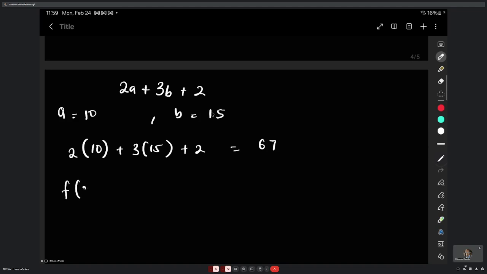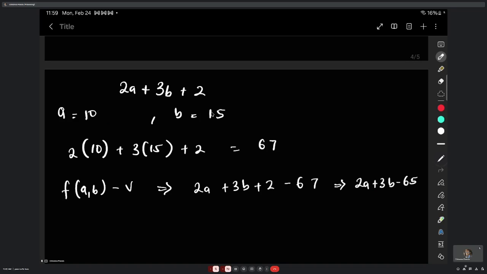So f of a, b minus 67 will be 2A plus 3B plus 2 minus 67, which gives us 2A plus 3B minus 65. Right. Okay, good.